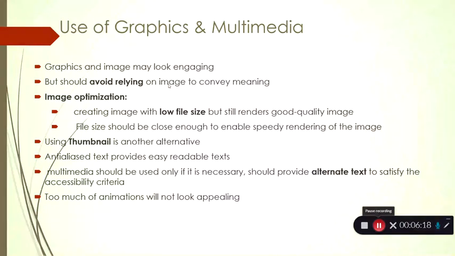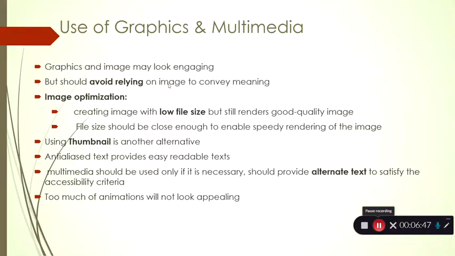That is one part of the accessibility criteria, because the user who has a low internet connection or different display devices, if we rely on images more to convey information, it will affect their accessibility. So we have to avoid relying on the multimedia content.